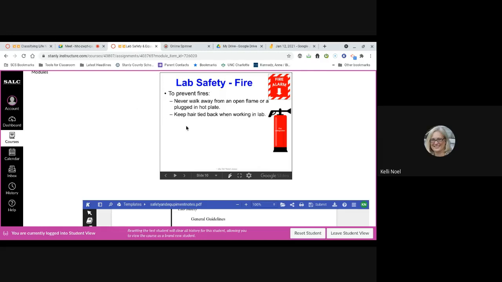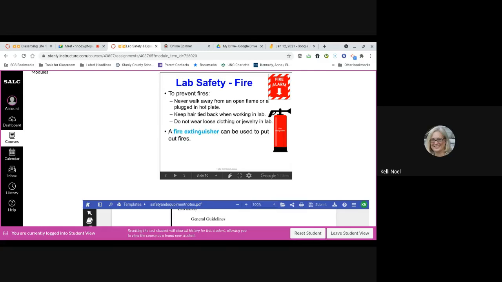Keeping your hair tied back, especially if we were in lab with gas, is important so that your hair doesn't fall into the flame. Loose jewelry and clothing, so like this keychain I have around my neck, my mask that I wear around my neck. If it was like a loose necklace or whatever, it can get into whatever we're working on, and so you don't want to have that, or baggy sleeves and so forth.